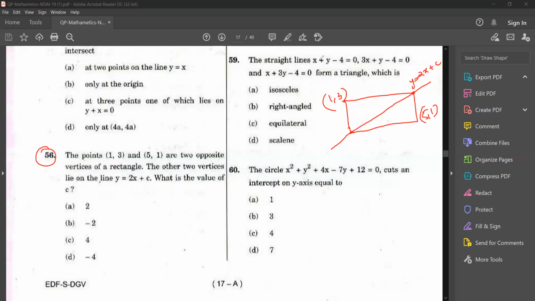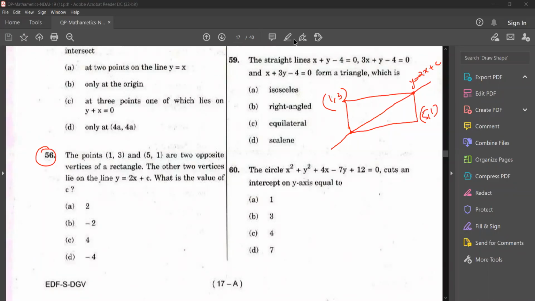See, if I am finding the midpoint of this vertices, if I find out the midpoint of (1, 3) and (5, 1), that will be here, isn't it?